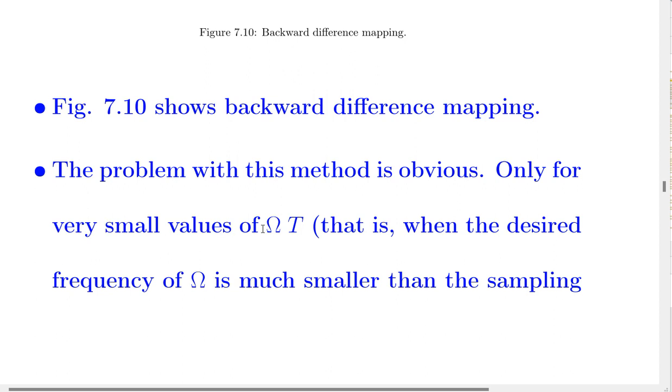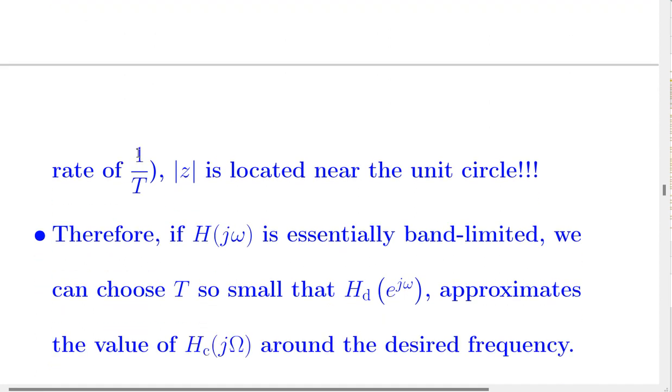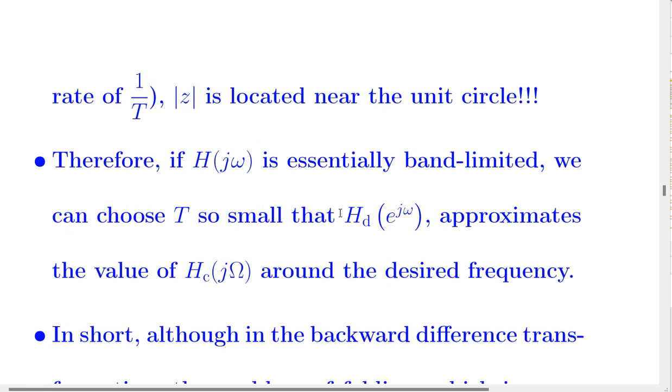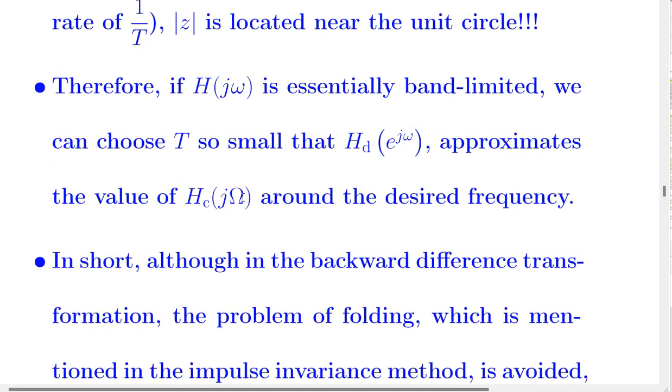Only for very small values of omega times Ts, that is, when the desired frequency omega is much smaller than the sampling rate fs or 1 over Ts, is z located near the unit circle. Therefore, if H of j omega is essentially band limited, we can choose T so small that H discrete of e to the power of j omega approximates the values of H continuous of j omega around the desired frequency.